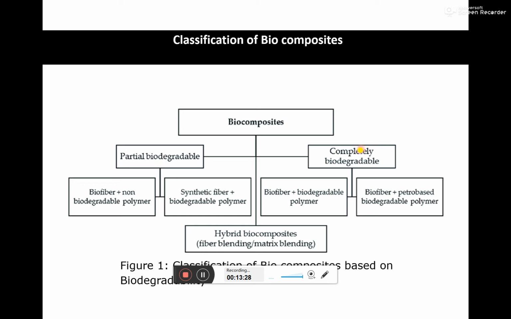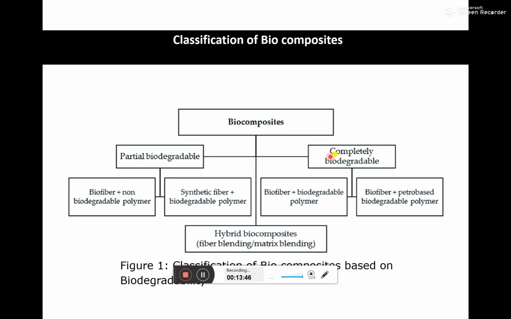Another one comes under the completely biodegradable materials. What does completely biodegradable mean? Already mentioned, biocomposites mainly consist of the matrix and reinforcement.